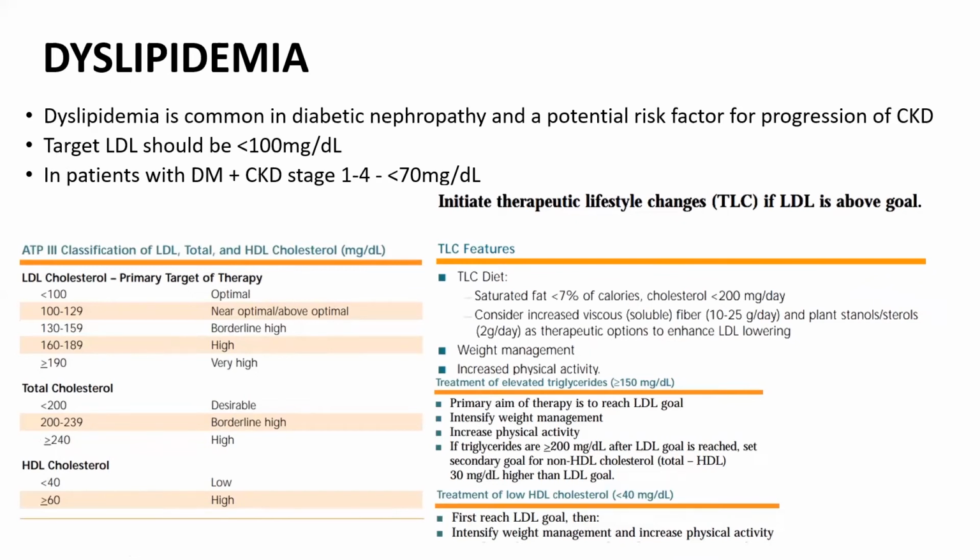This is the classification of low density lipoprotein and LDL cholesterol. I'm not going to read out all this because it is taken from the guidelines, the ATP3 classification and the therapeutic lifestyle changes.